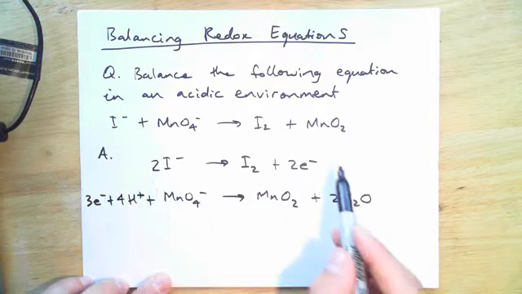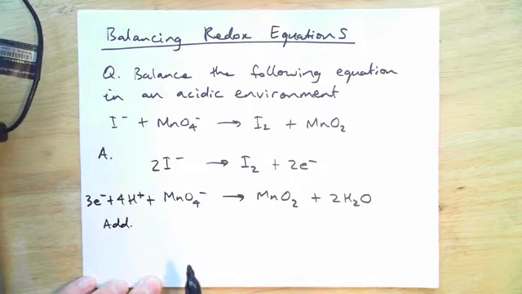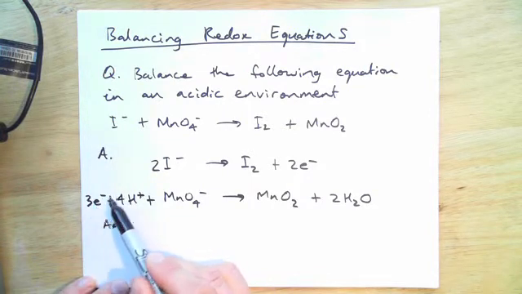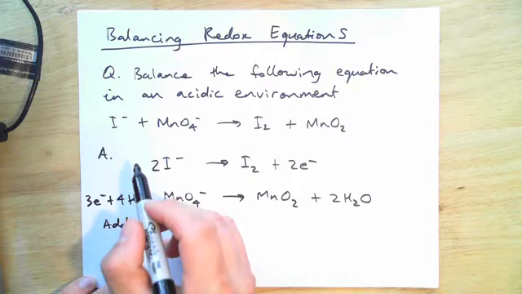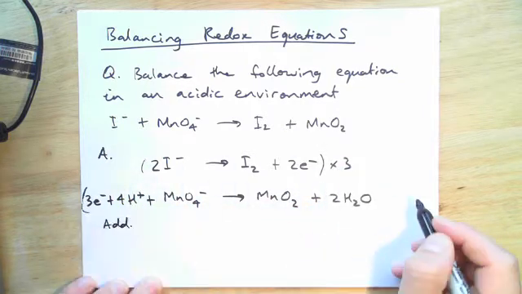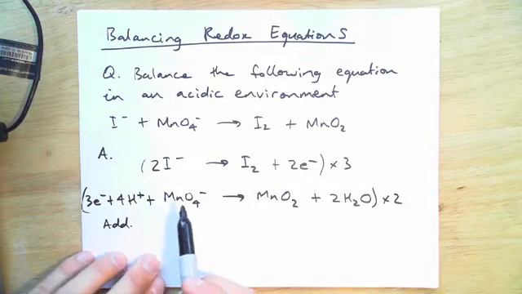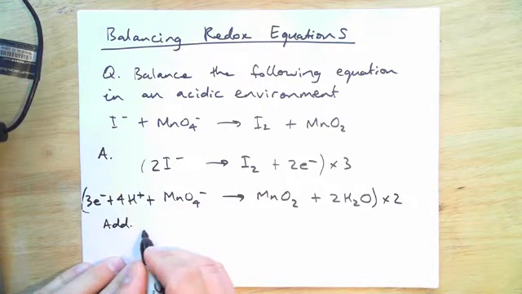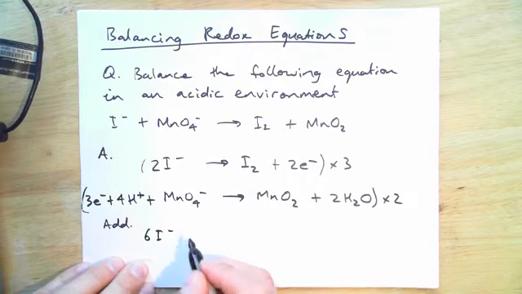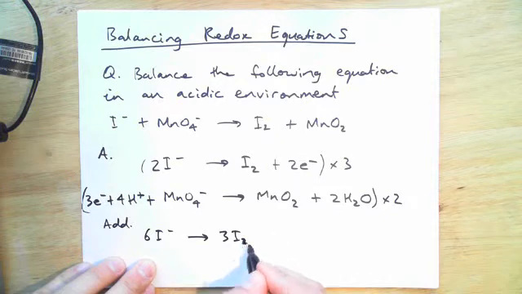Now I need to add these 2 equations together. Before I can add them, I've got to have the same number of electrons. So I'm going to multiply this equation by 3, and I'll multiply this equation by 2 in order for the condition of having the same number of electrons to be satisfied. If I do that, I'll end up with 6I minus going to 3I2 for one equation.